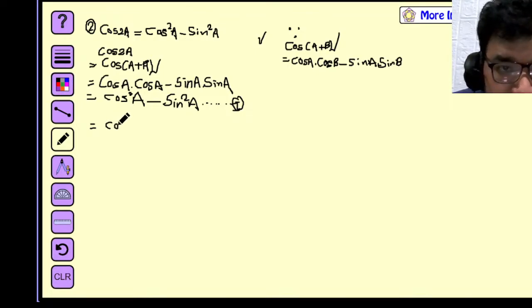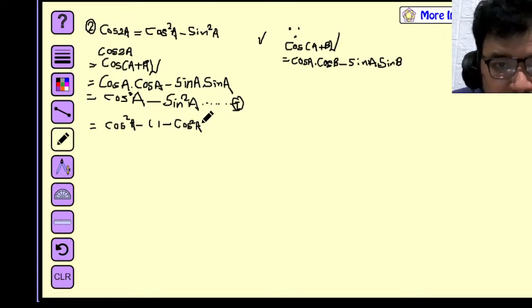Let's write cos square A minus, in place of sine square A we can write 1 minus cos square A. There is a minus, so put both these terms in a bracket.